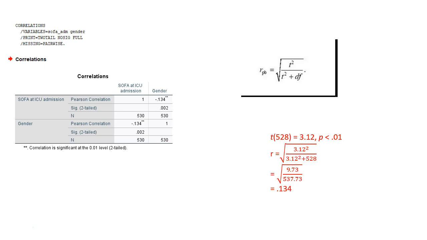So there's a linear relationship between r and t that's shown with the equation on the top right, such that any obtained r can be expressed as a between group difference t-test as the square root of t squared over t squared plus the degrees of freedom for the t-test. So I solved that problem here, showing the obtained t value from the previous slide of 3.12 and how it can be transformed into the obtained correlation coefficient, which is 0.134.